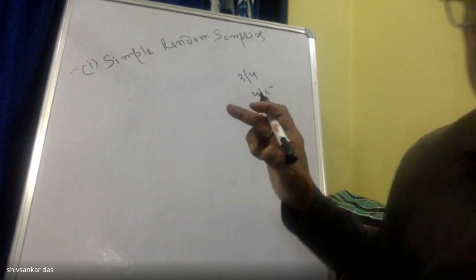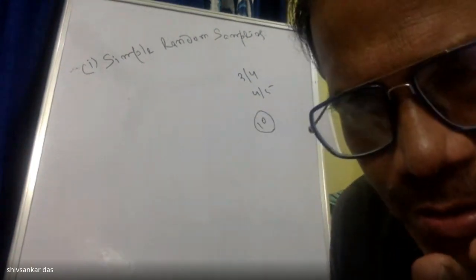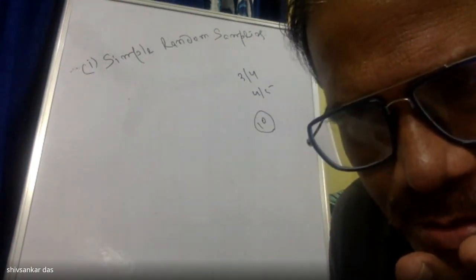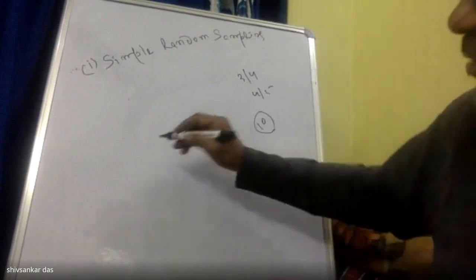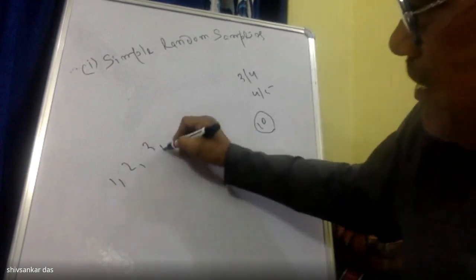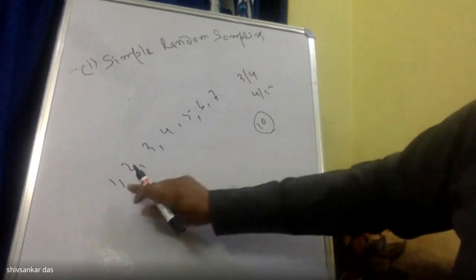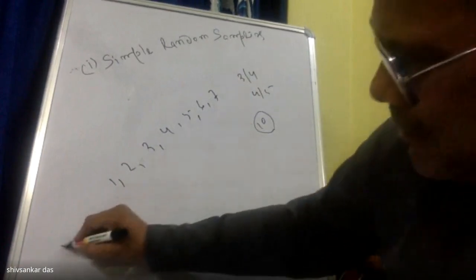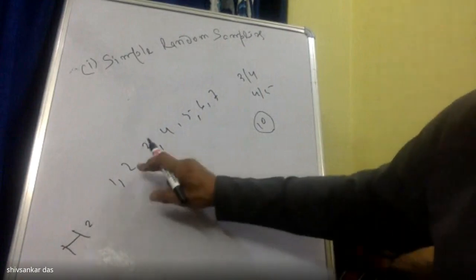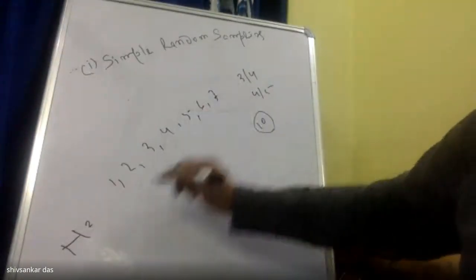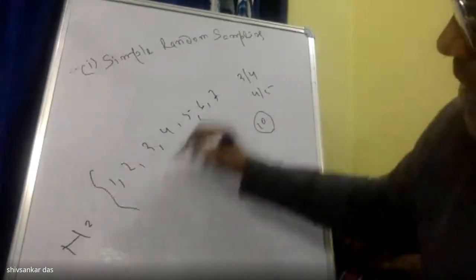In case the population size is a little bit small, let us say the population is 1, 2, 3, 4, 5, 6, 7. How many elements? 1, 2, 3, 4, 5, 6, 7. So the size of the population is 7.